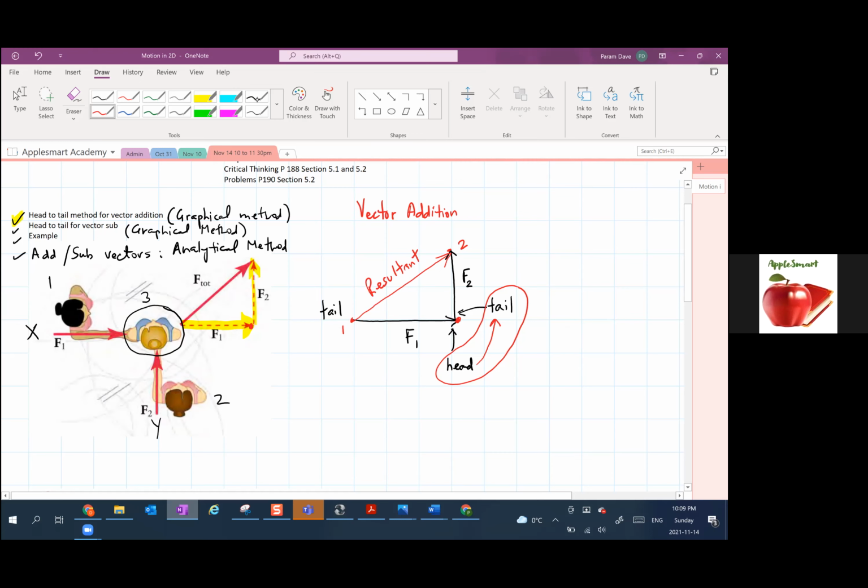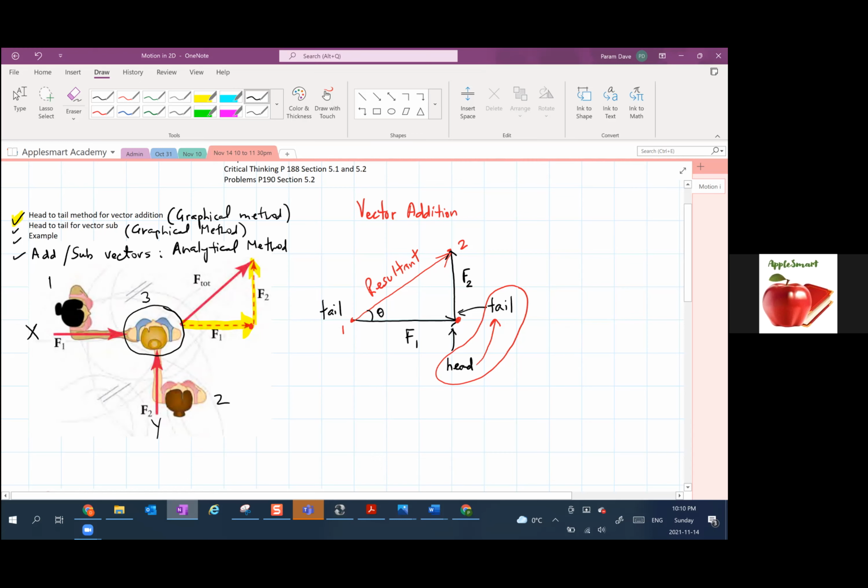And of course, because we're talking about vectors, we also need to give some idea about the direction. You will see in the solved problems that we will also be trying to determine that angle. So when you find out the effect of two or more vectors to find the final resultant, that process is called vector addition.